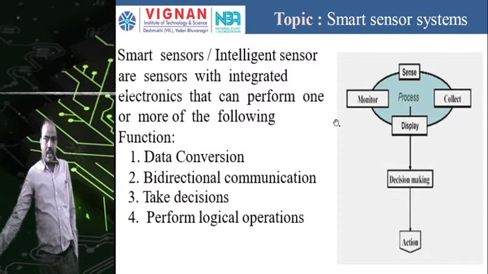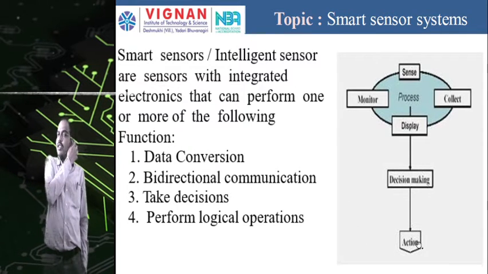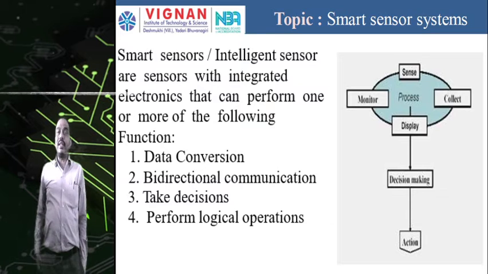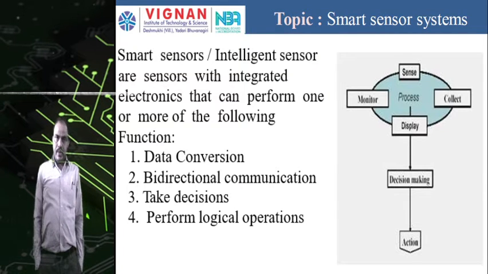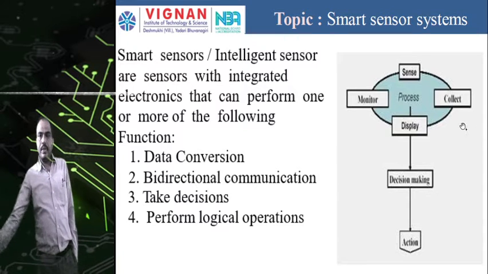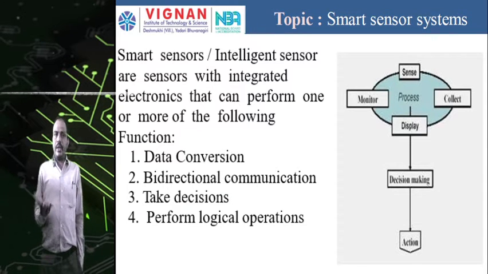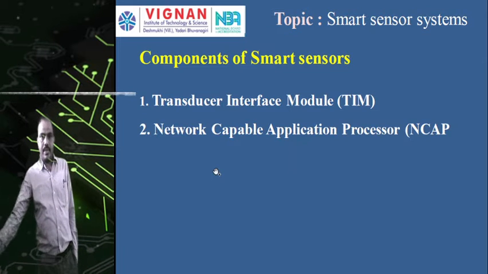All these functions can be performed on a single chip, which is called a smart sensor or also an intelligent sensor. These are sensors with integrated electronics that can also perform data conversion, provide bidirectional communication, take decisions, and perform logical operations, as already discussed.